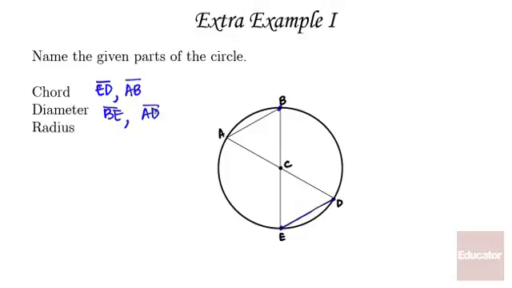And then for a radius, remember a radius has one endpoint on the center and one endpoint on the circle. So I can say CD, I can say BC, I can say AC, I can say EC or CE.